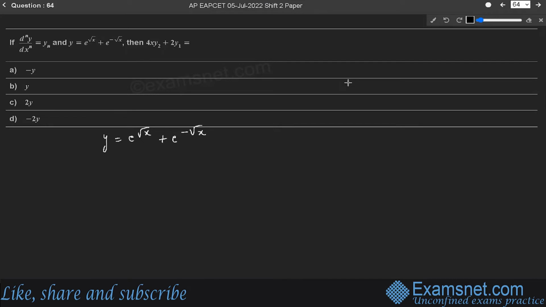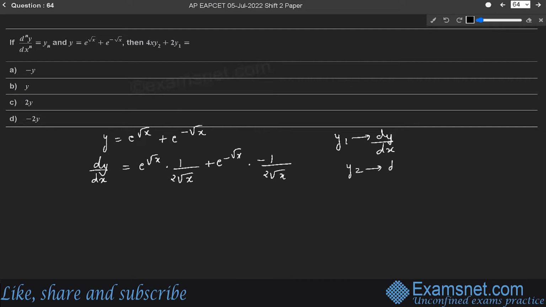Here we have an equation which is y is equal to e to the power root x plus e to the power minus root x. Differentiating both sides with respect to x, we get dy by dx is equal to e to the power root x into 1 upon 2 into root x plus e to the power minus root x into minus 1 upon 2 into root x. We know that y1 is dy by dx and y2 is d square y upon dx square.